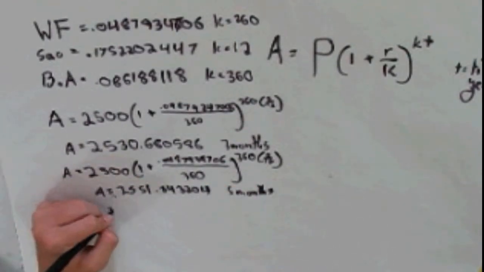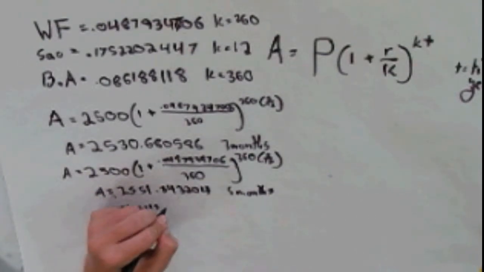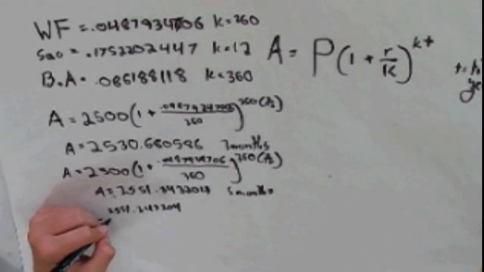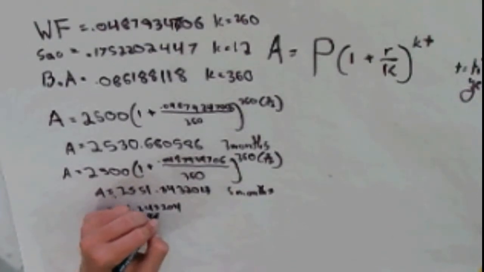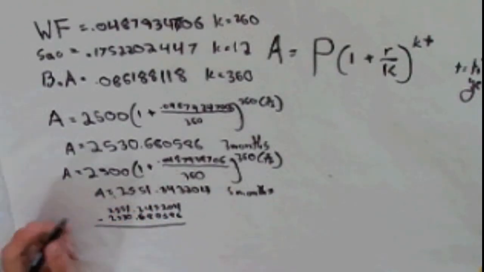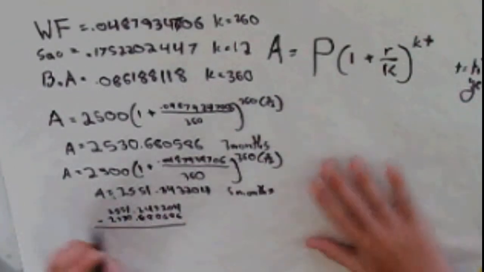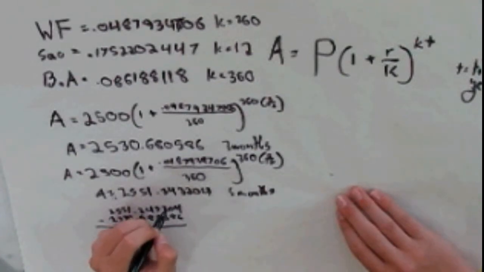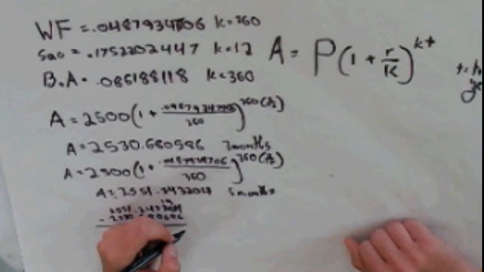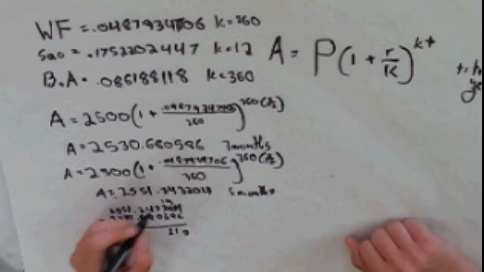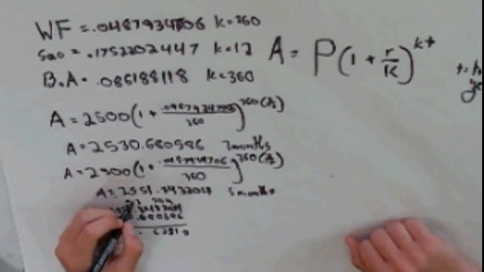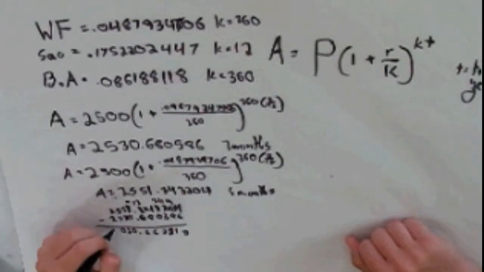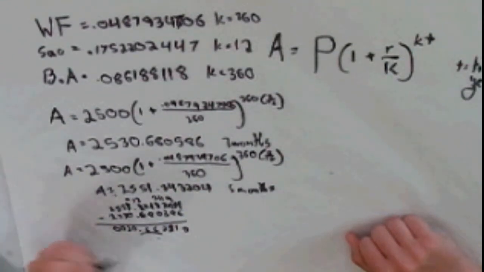So if you subtract those two, 2,551.343204 minus 2530.680586, if you want to do it by hand instead of by calculator, that's what you're going to do. When we round that to the nearest cent, that is going to be $20.66.